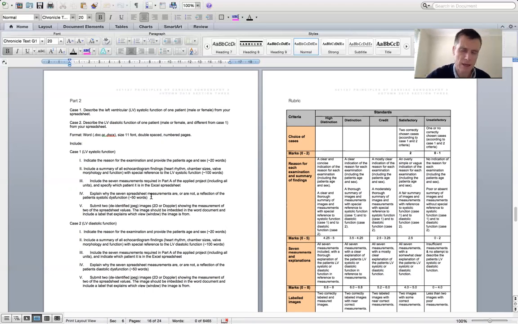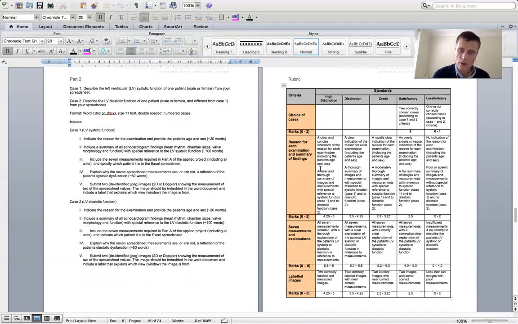I hope that makes sense. The aim of this is to help people appreciate that sometimes just simple measurements aren't enough to give an indication of overall function. You do that with one case for systolic function and another case for diastolic function.